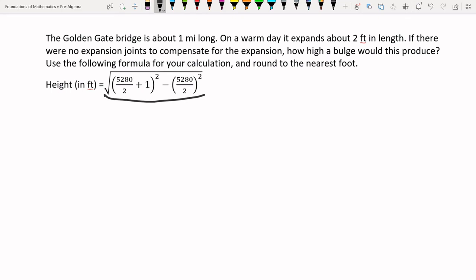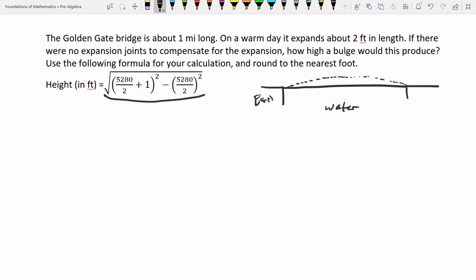If you think about the bridge in a very simple kind of diagram, you have one end of, like, this is the earth, and then the bridge spans across the water, and then to the other side. On a hot day, it will expand, but it has to expand some direction, and so it'll end up making this bridge bulge out like this instead.